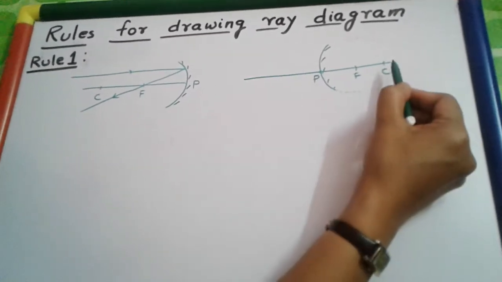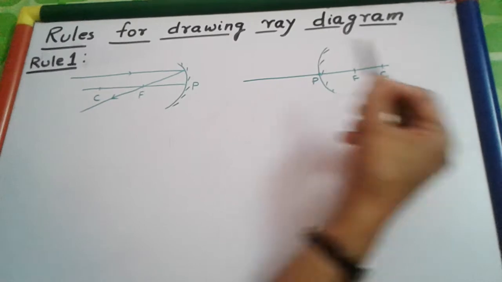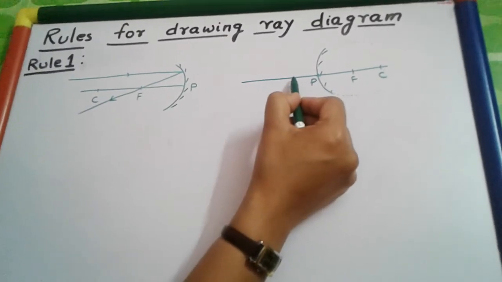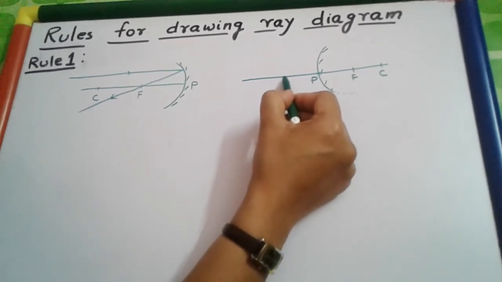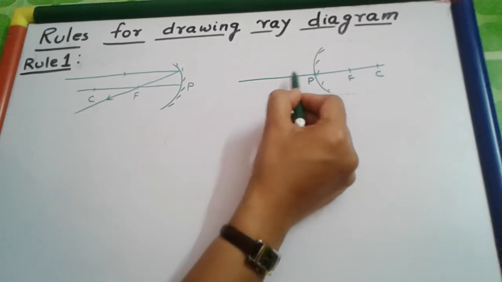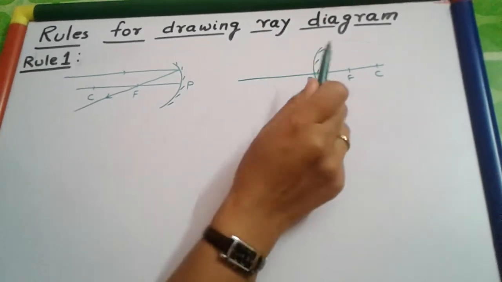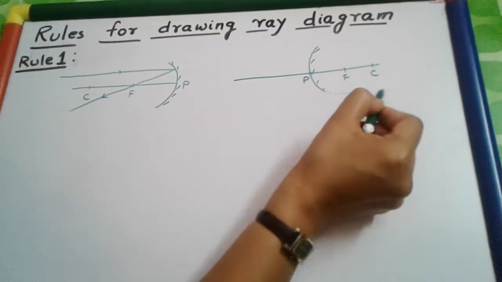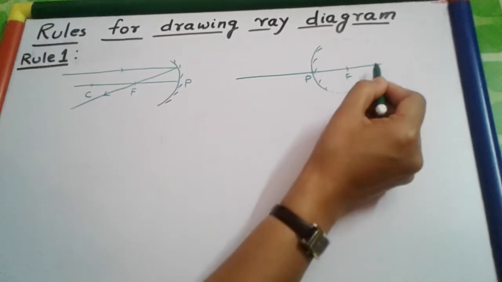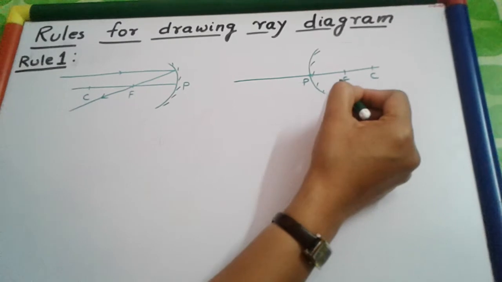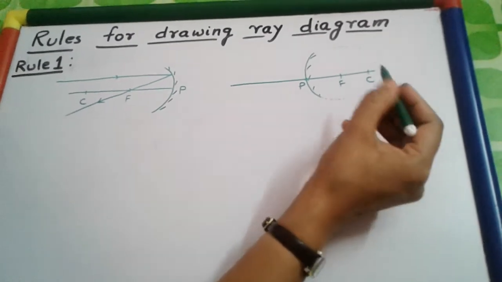This is the back side of the convex mirror. It is not always necessary that the center of curvature and focal point are in front of the reflecting surface. Wherever the curvature finishes, that particular side will be the center of curvature and the principal focus, right.